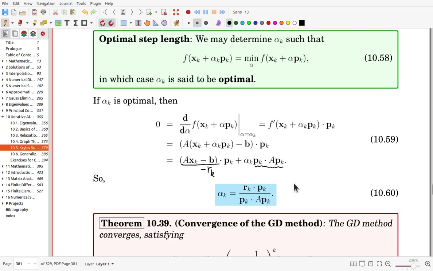So earlier we decided the search direction, which is negative gradient. Now, by using this optimal technique, we try to get alpha k.